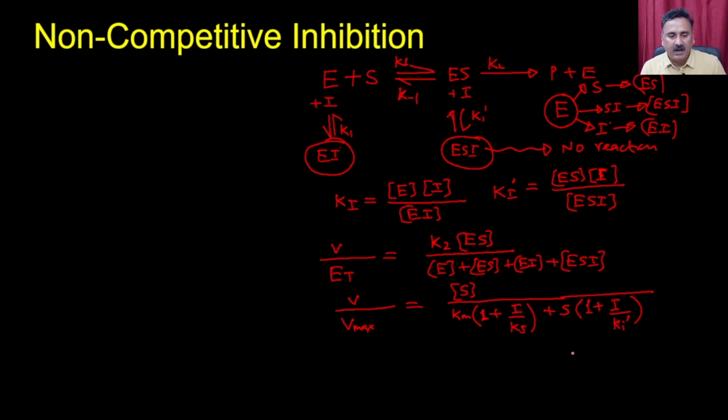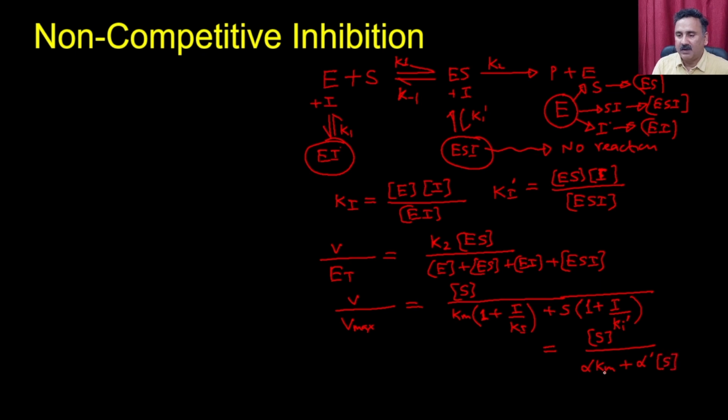Now, if you want, you can convert this into another equation: substrate divided by alpha Km plus alpha prime times the concentration of substrate.